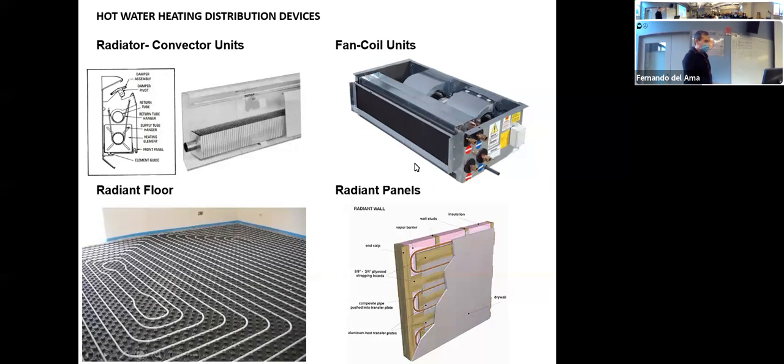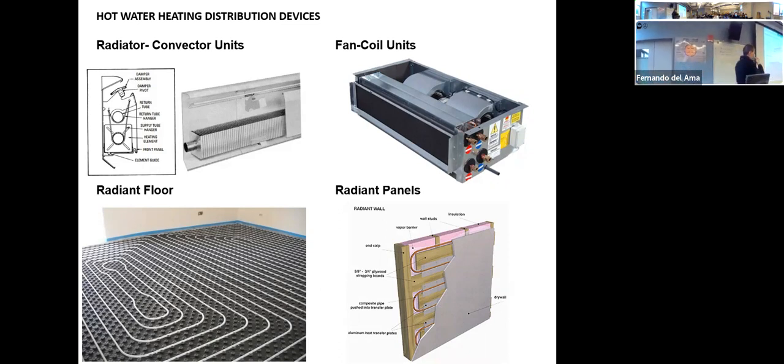And then this is the new thing that I'm going to explain today, the fan coil unit. You might mistake a fan coil for something like this, a split indoor unit, because they look alike. But the fluid circulating through this is the refrigerant fluid that we saw last week.